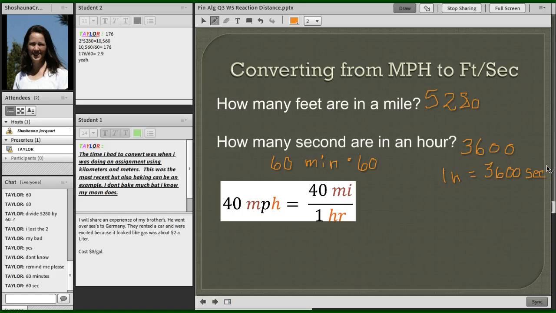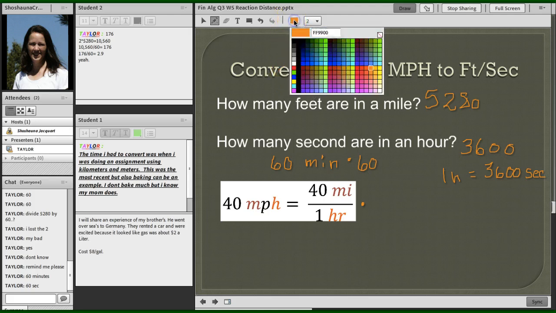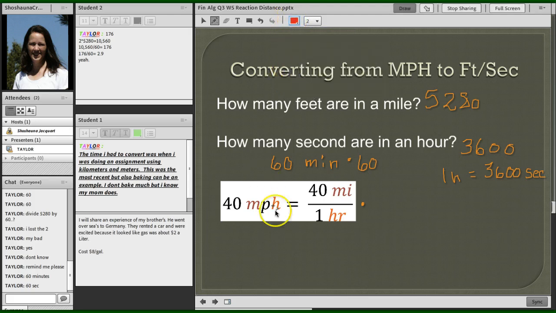Okay, so what we're going to do is convert 40 miles per hour to feet per second. So all we have to do is multiply. We've got to convert the hour, so we're going to have 1 hour in the numerator because we want them to cancel.